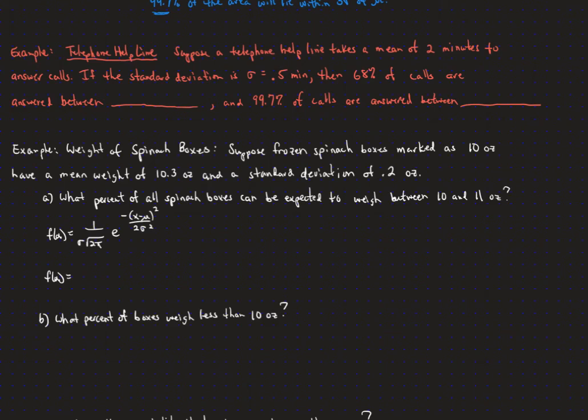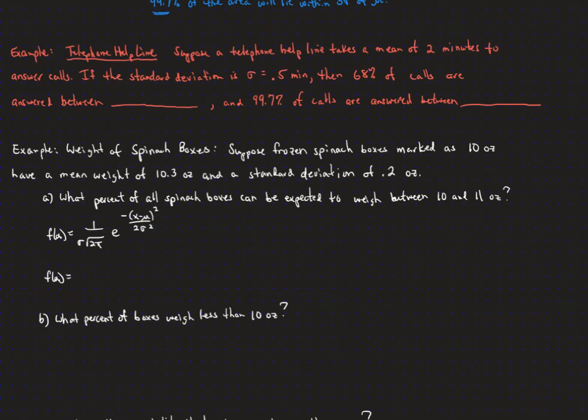So suppose a telephone helpline takes a mean of 2 minutes to answer calls. So on the average, they'll answer your call within 2 minutes. If the standard deviation is given by sigma equals 0.5 minutes, then 68% of the calls are going to be answered within 1 standard deviation of the mean.